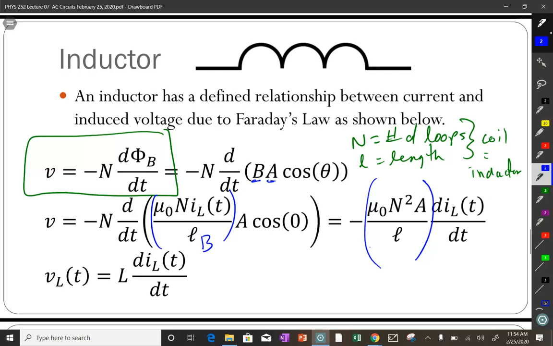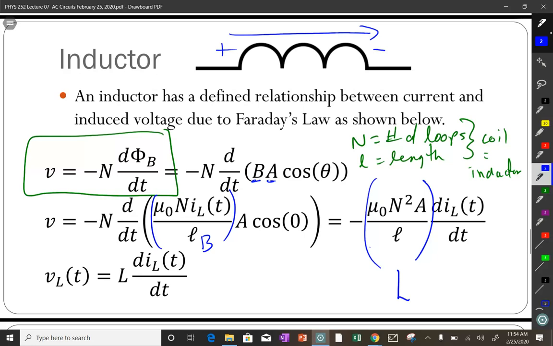The minus sign gets gobbled up in our definition of which side is positive and negative for the inductor, just like we did for a resistor. And then L is this stuff here, the stuff that we worked out last class period. This right here was the inductance.